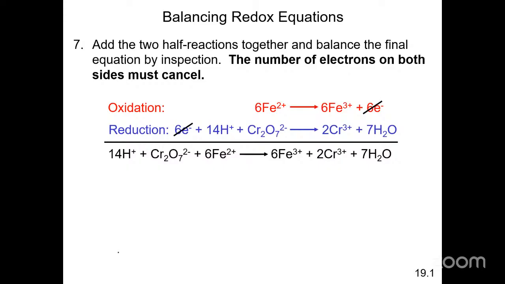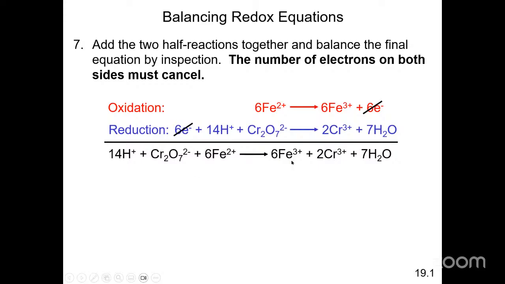What I normally recommend to my students when you get to this stage is that you do a final check to make sure that everything is balanced, which means that all the atoms are balanced and also all the charges are balanced. So let's look at this right now. We have 14 hydrogens on the left side. That balances with the 14 hydrogens on the right side. We have 2 chromiums on the left, 2 chromiums on the right. We have 7 oxygens on the left, 7 times 1 oxygens on the right. And then we have 6 ions on the left, 6 ions on the right.